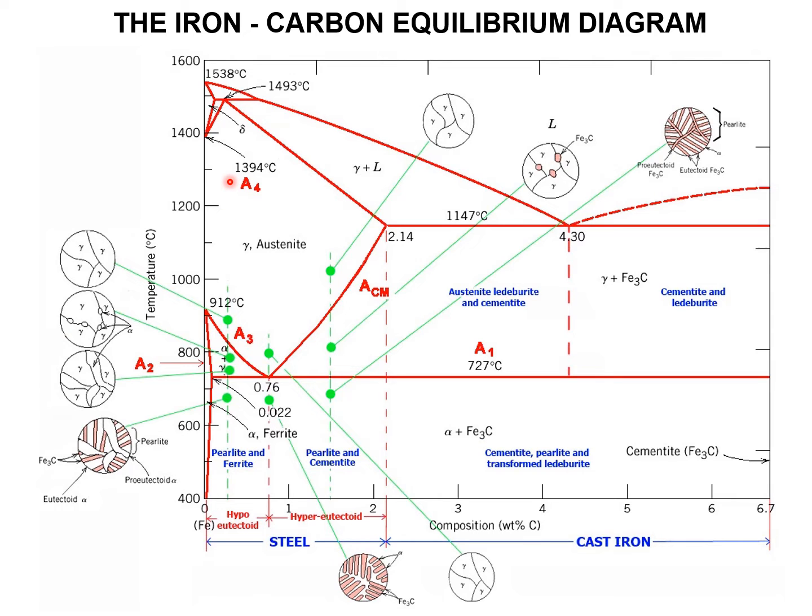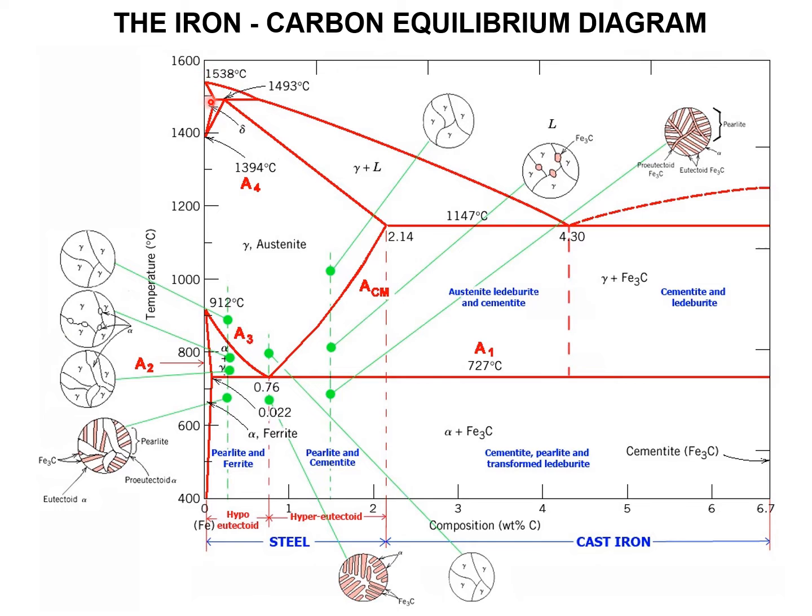Now in the iron carbon phase diagram, we have majorly three reactions. First, we will see what happens when we slowly cool this iron carbon with respect to temperature. At 1538 degrees centigrade, above this, it is entirely liquid phase.